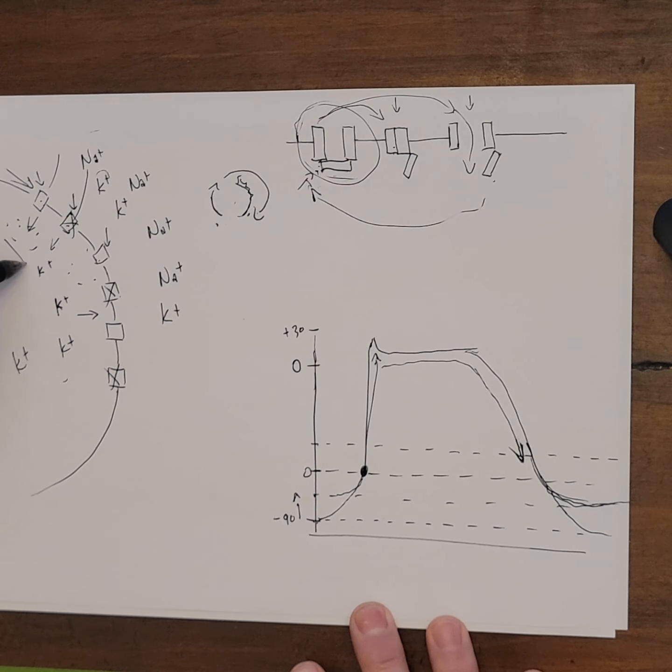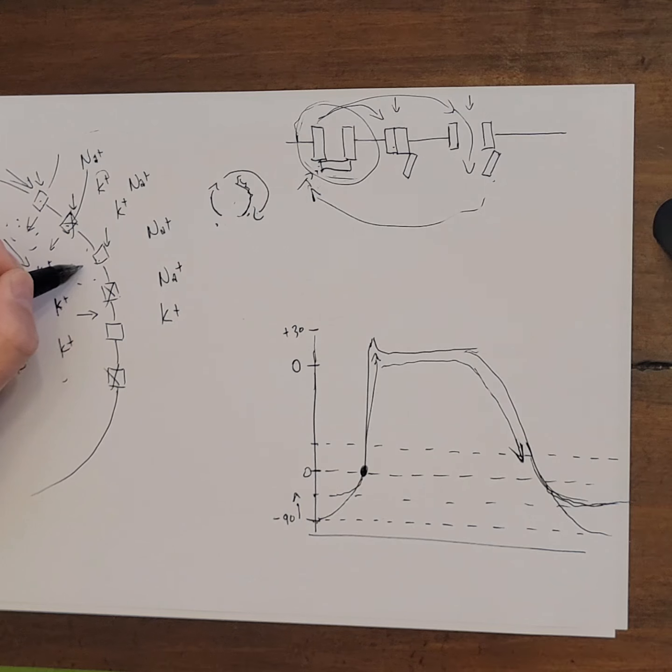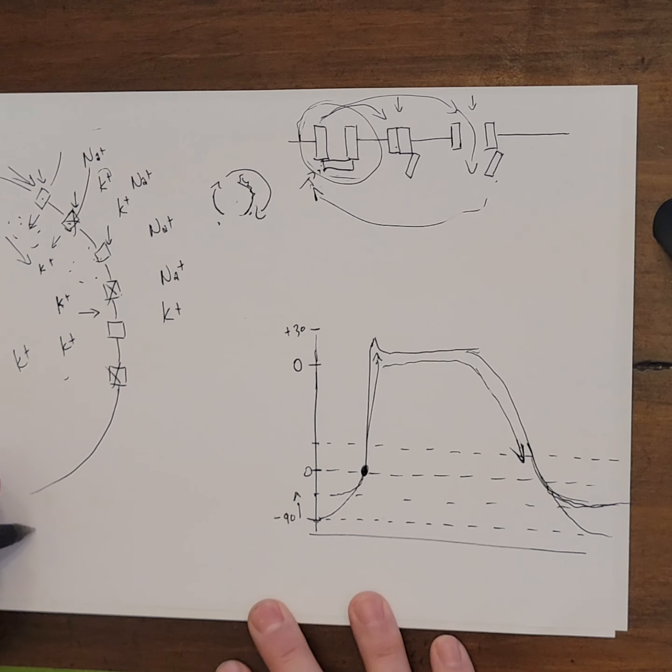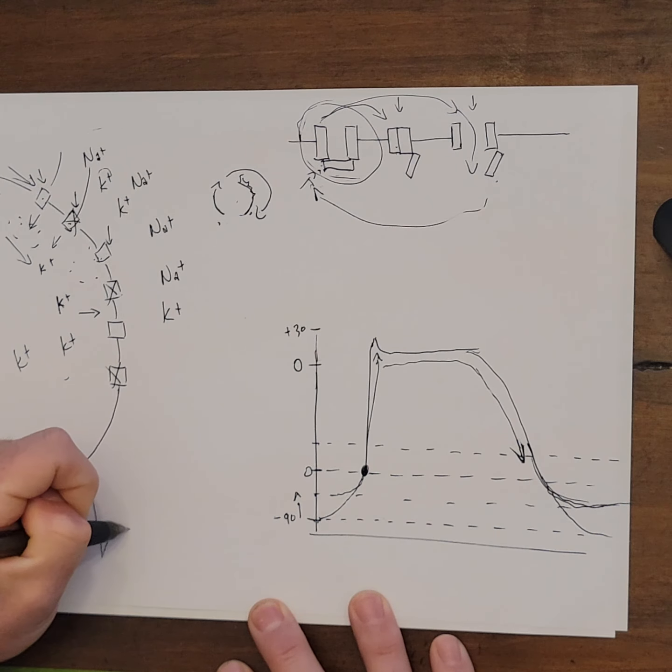However, we've now greatly increased the distance that these sodium ions have to diffuse before they're going to create a localized change in the membrane potential enough to trigger the next sodium channel. So we get delayed propagation. And what this looks like in the ECG is our QRS gets wider as it's taking longer for that signal to propagate.